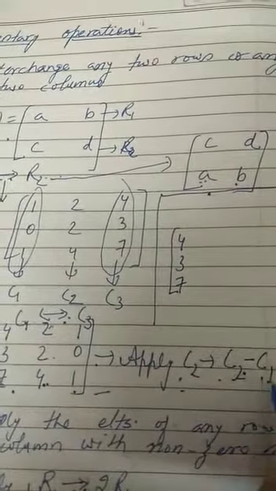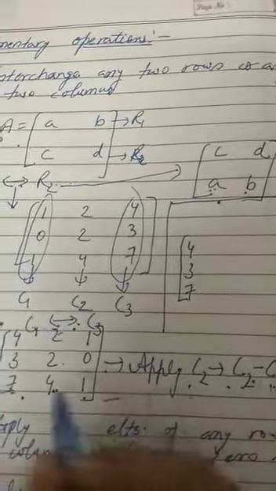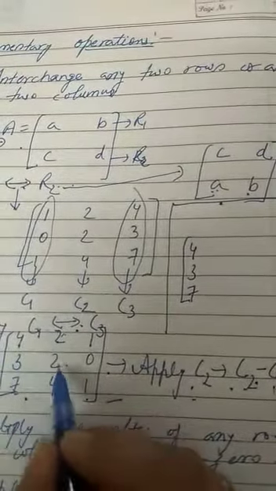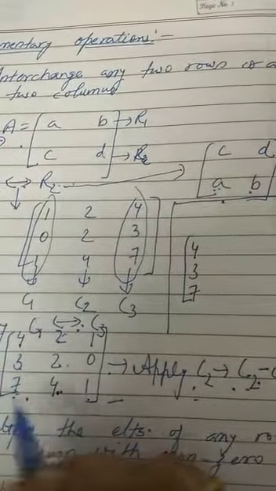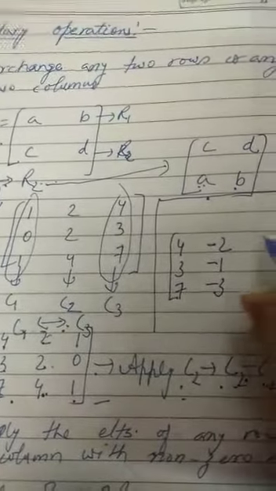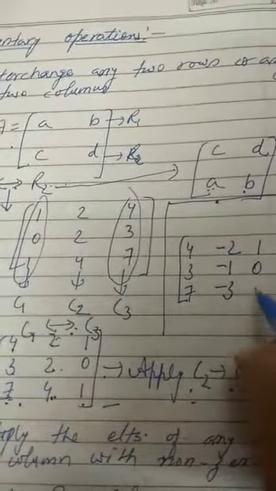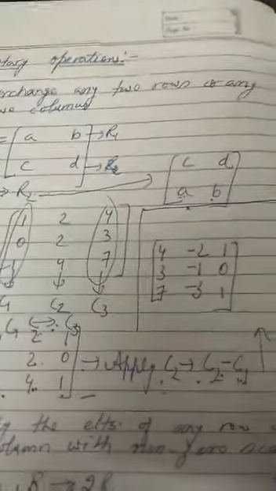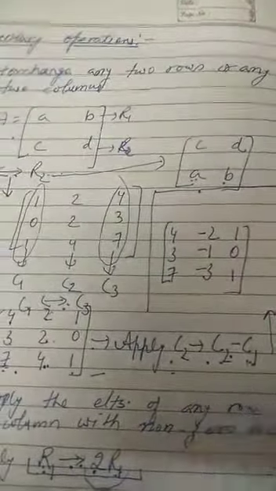Now C2 column is C2 minus C1. That means 2 minus this, 2 minus this and 4 minus this number. 2 minus 4 is minus 2, 2 minus 3 is minus 1, 4 minus 7 is minus 3, and there is no change in C1 column. So that C1 column we will write down as such. So this is how we will apply the operations.